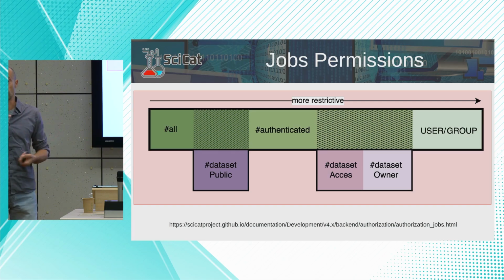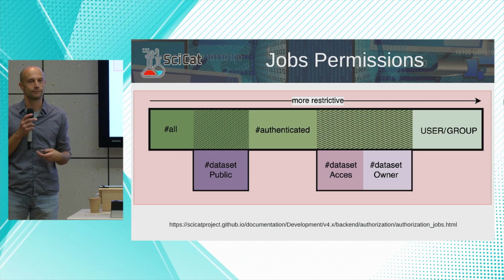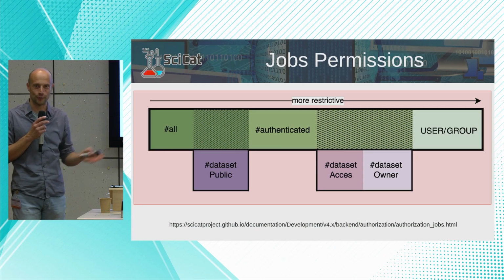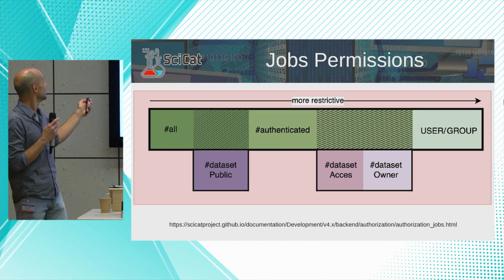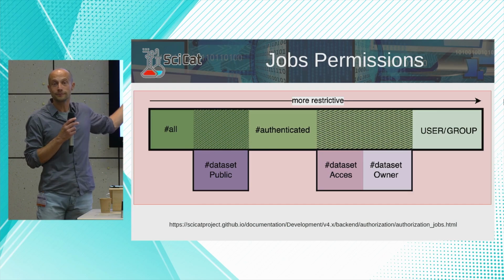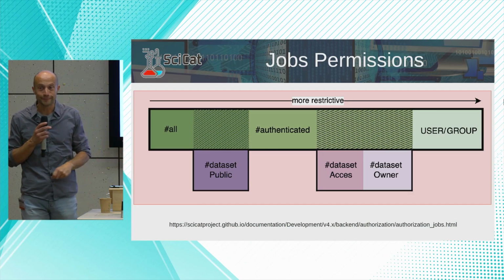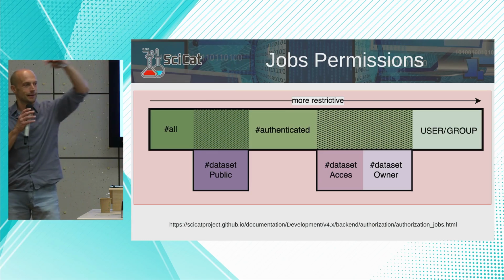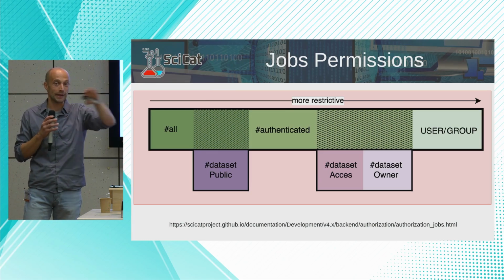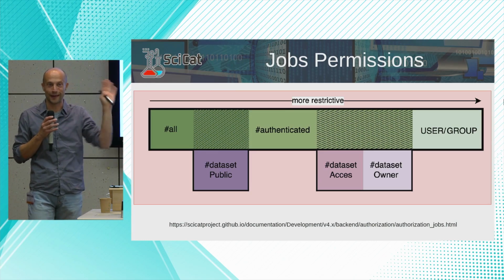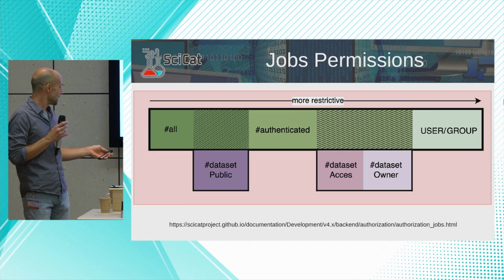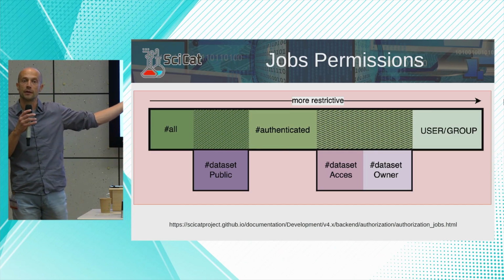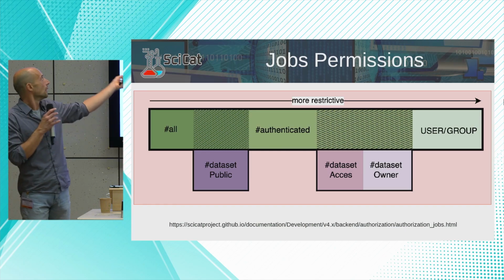And permissions. Of course you don't want everybody to submit jobs out of the wazoo. So of course we have the dreaded "all", which means anybody can do it. In the documentation there is a nice disclaimer: use it at your own risk. We don't take any responsibility. So at the top, it's what we call users permissions.